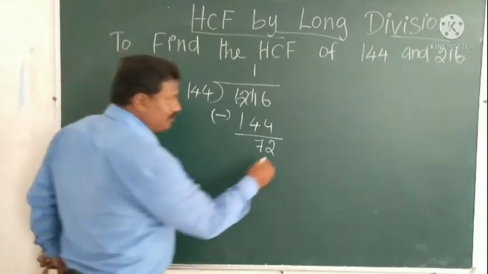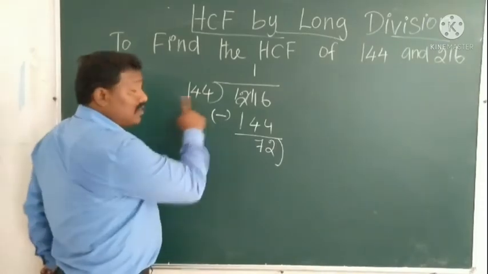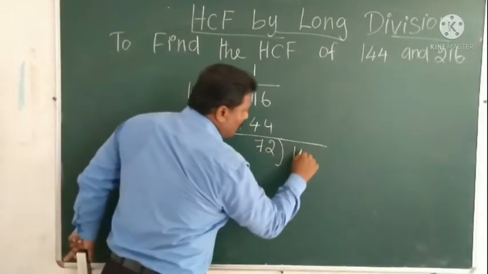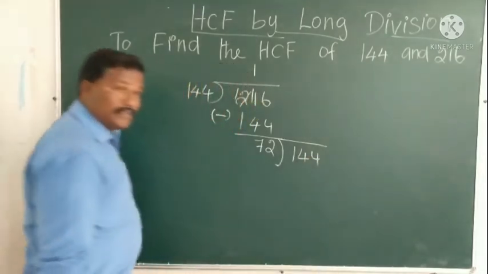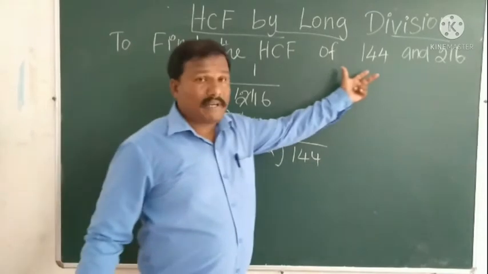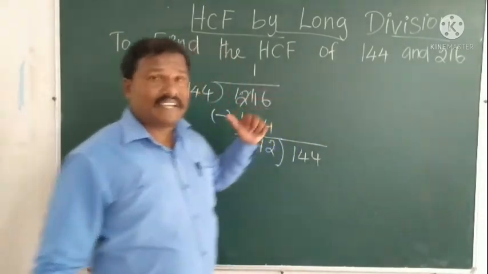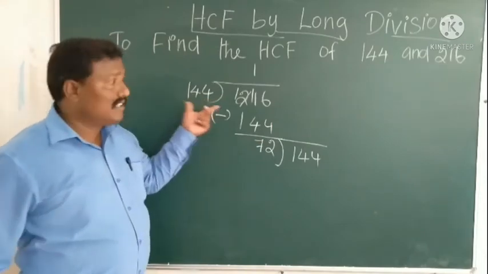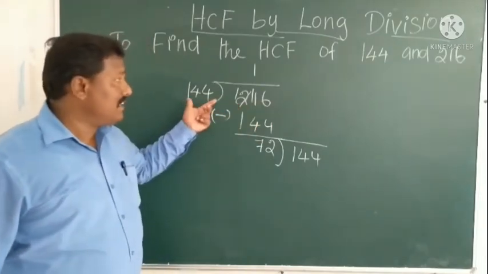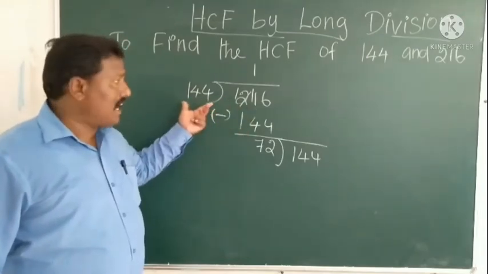So as per that, 72 is the divisor, and the old divisor becomes the dividend, 144. Don't get confused. First I have two numbers, the bigger number as the dividend, the smaller number as the divisor. So 144 is the divisor, 216 is the dividend. I divide 216 by 144.